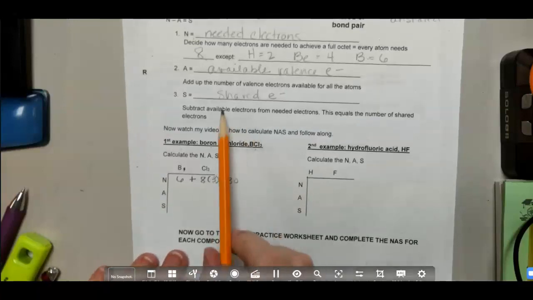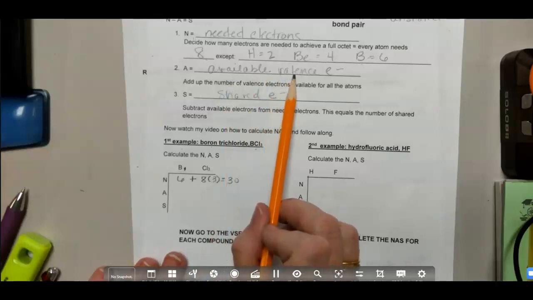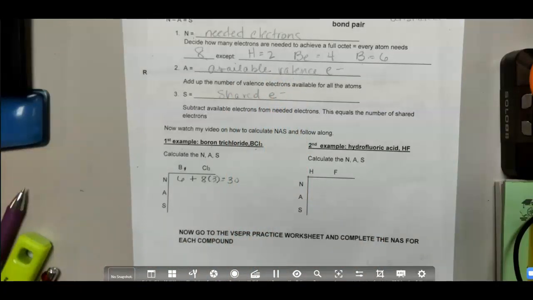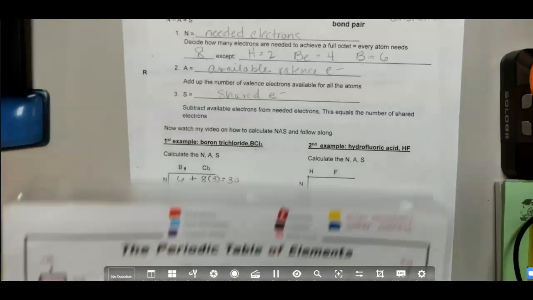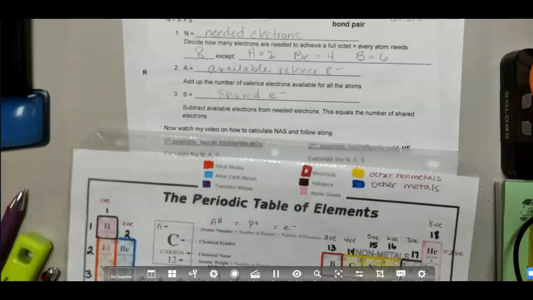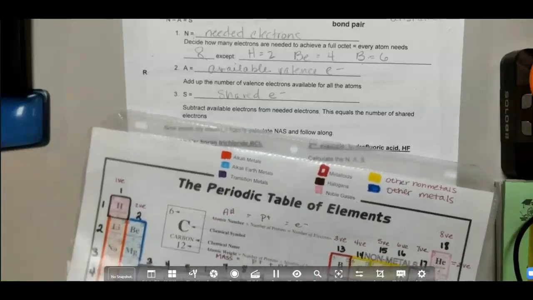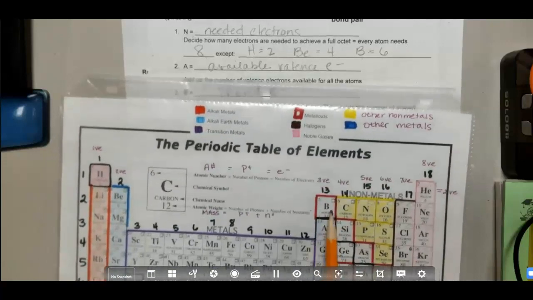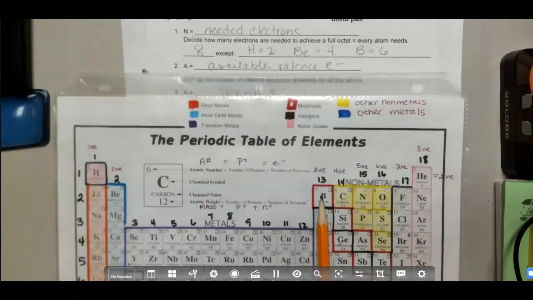All right, available. These are our number of valence electrons. So make sure you have your periodic table that has the valence electrons on them. Okay, so let's find boron. Here's boron. He's right here. Notice he is in group 13, so he has 3 valence electrons.